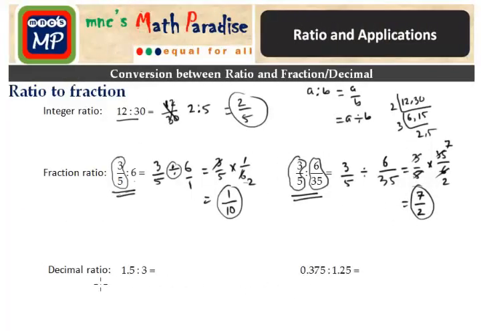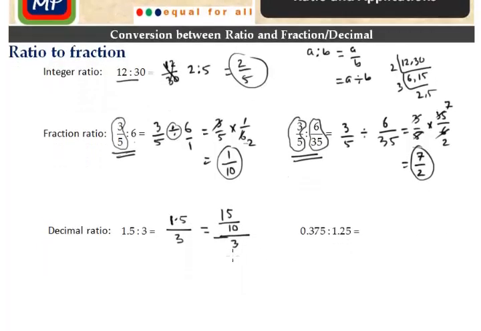In these two examples, the ratios are between decimal values. So in the first ratio, 1.5 ratio 3, we can write it as a fraction 1.5 division 3. Now we need to convert this decimal into fraction. That we can do 15 division 10, for decimal point 1 and 1 digit 0, then 3 division 1.